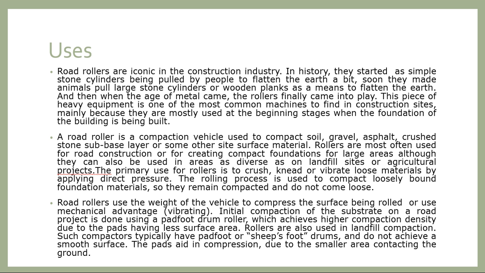So these are the basic concepts of the construction site. The road roller is a compaction wheel which is used to compact soil, gravel, asphalt, crushed stone, sub base layers, or other surface materials. So these are the basic uses of a roller.